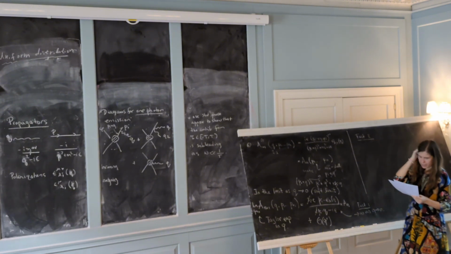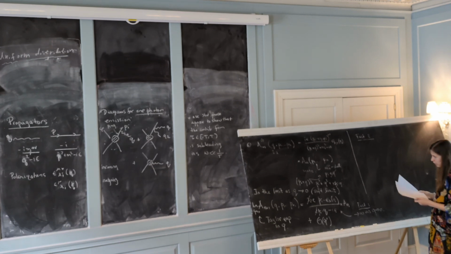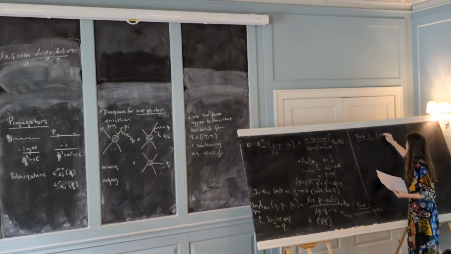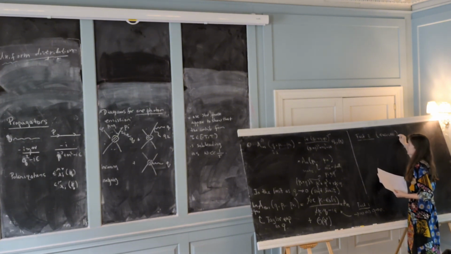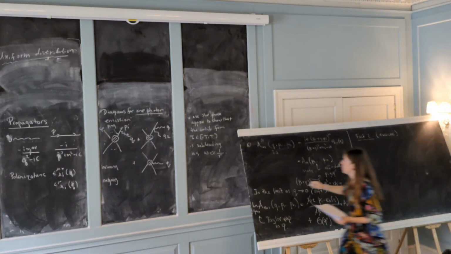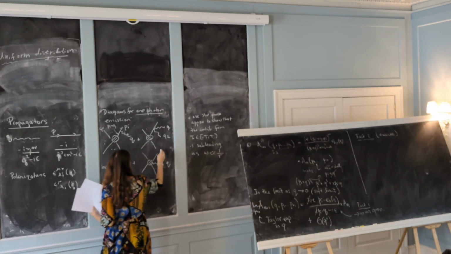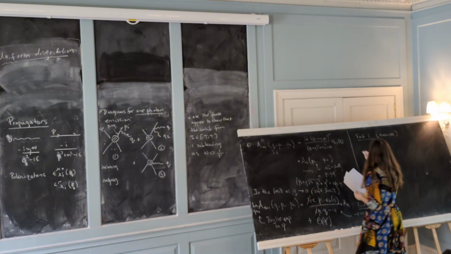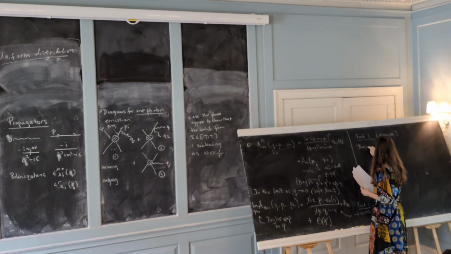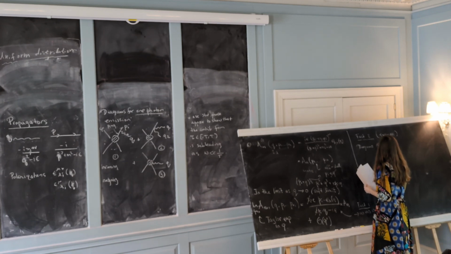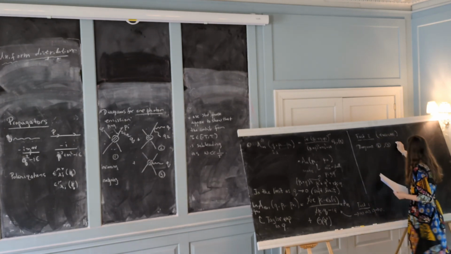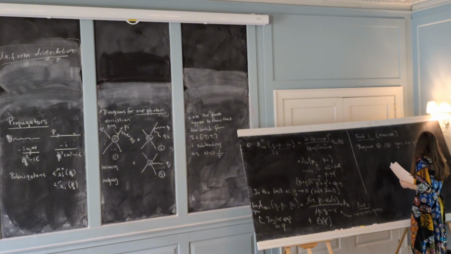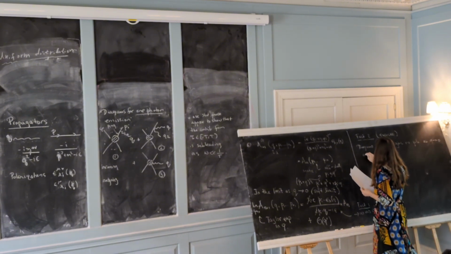Unfortunately, I was planning to do it in glorious detail, and I thought I would have time, but fact number 2, which is left as an exercise, apologies, is that diagrams of the form, so this was 1, this is 2, and this is 3, give no pole as q goes to 0, and hence are subleading.